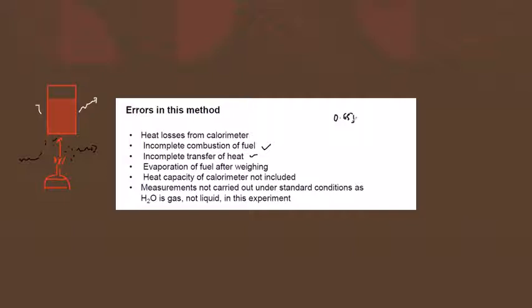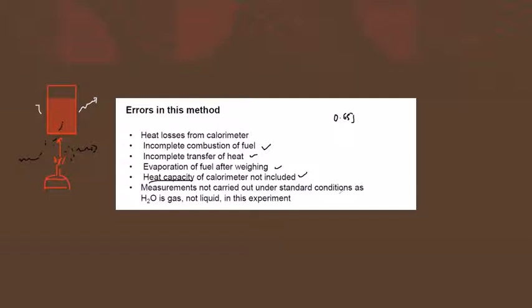We'll have less than that. Then heat capacity of the calorimeter, because it's not like all the energy will be transferred to water. The calorimeter will also absorb some energy and it will show a change in temperature, but that we did not include.